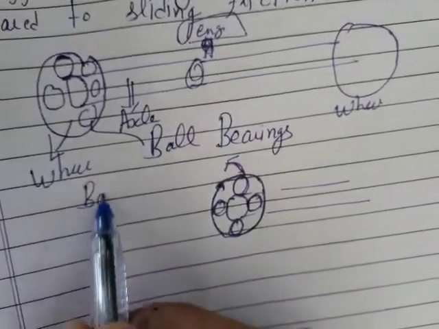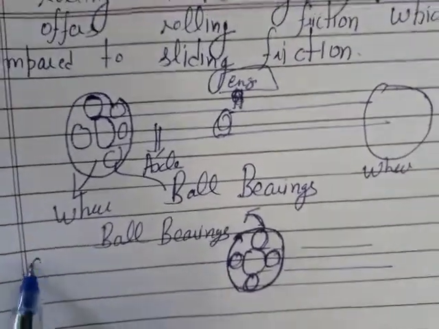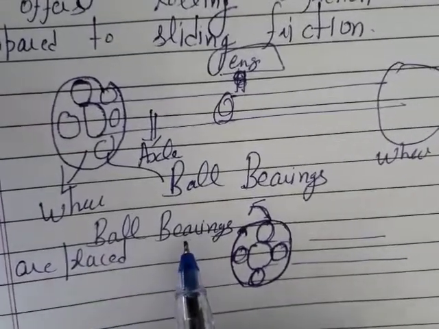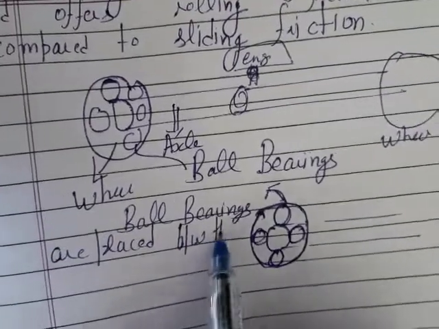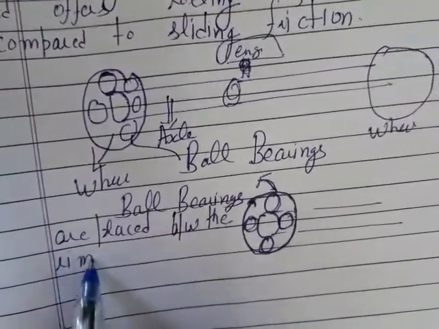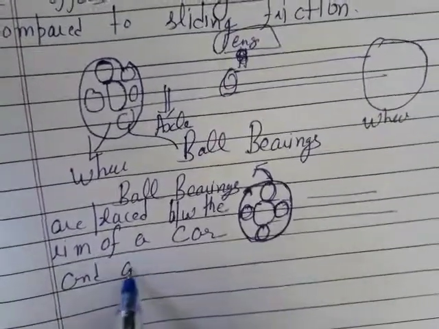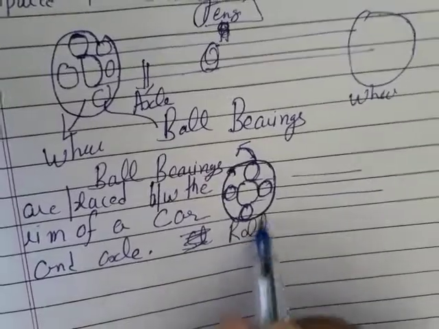So ball bearings are placed between the rim of a car and the axle. Rolling friction acts in this case.